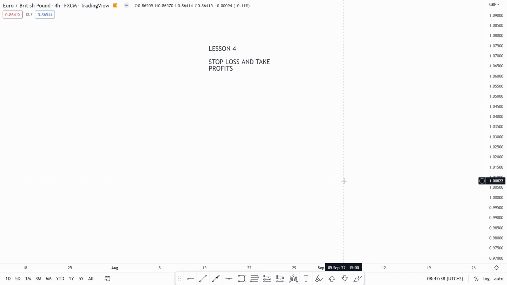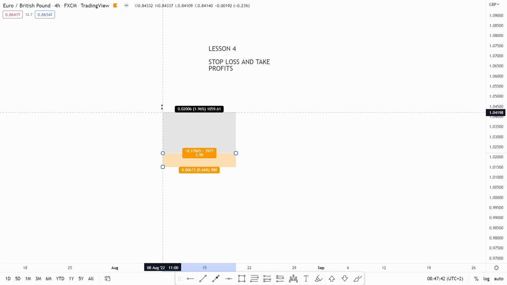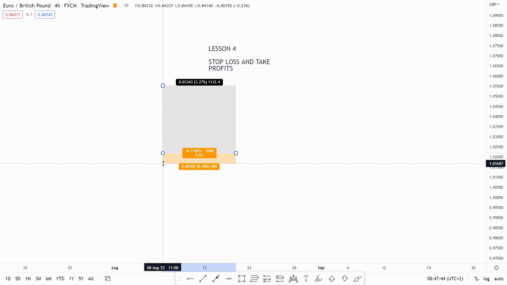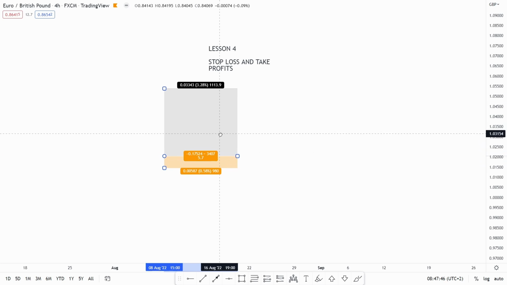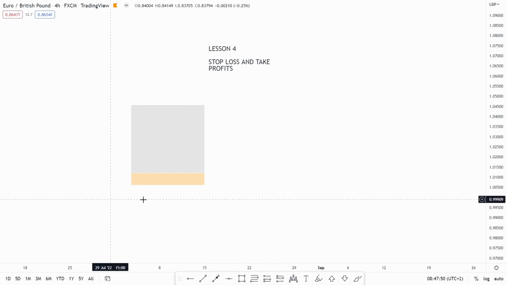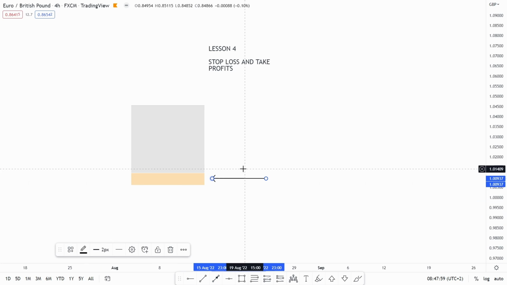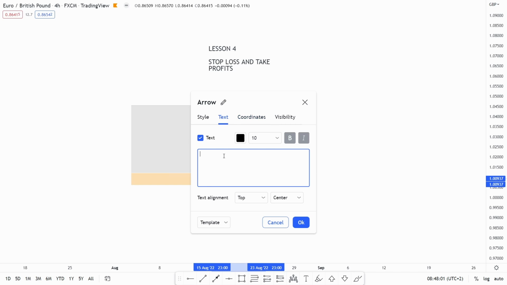So we used this example the last video, so let's make it like this. Well, it's okay, the numbers don't mean anything. So the yellow part is your loss area.